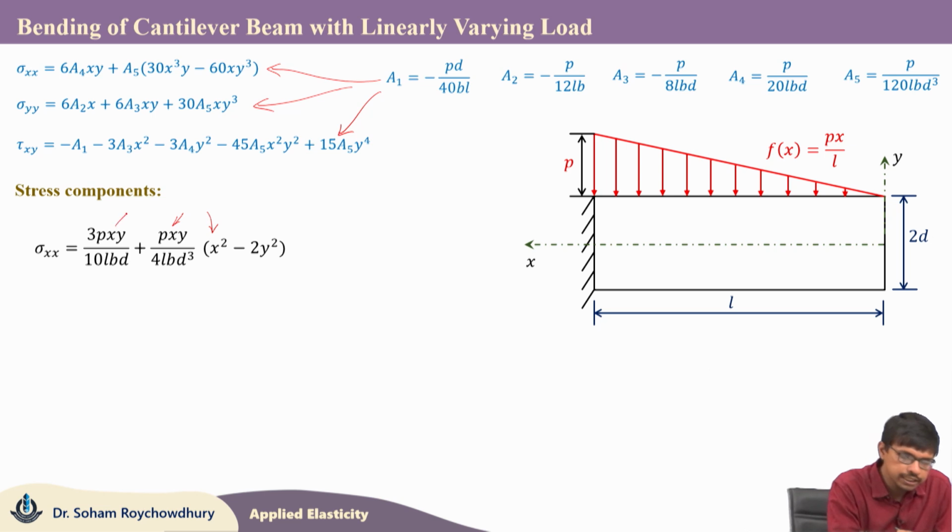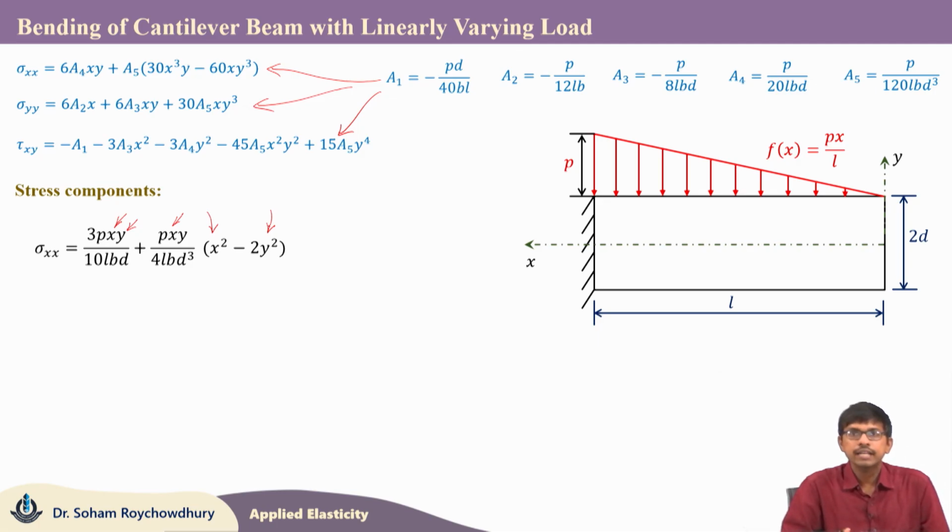From the first term it is proportional to x. It is also proportional to y for the first term, and proportional to y cube from this term. So, here we cannot just say sigma xx is My by I; that particular assumption is not valid. Here sigma xx is proportional to y cube as well for this particular type of linearly varying load.